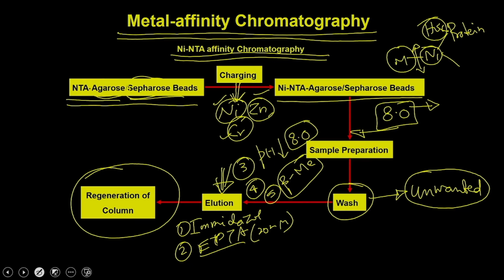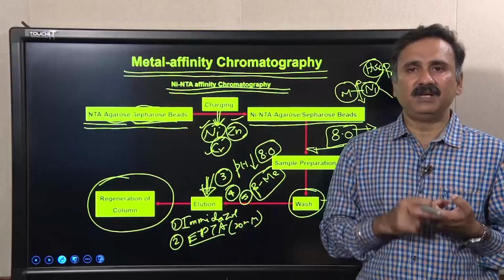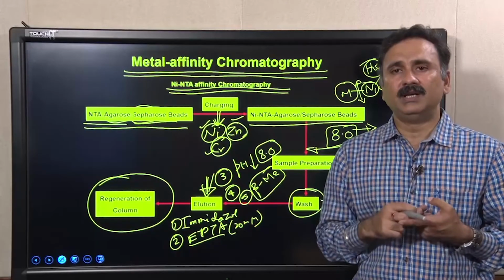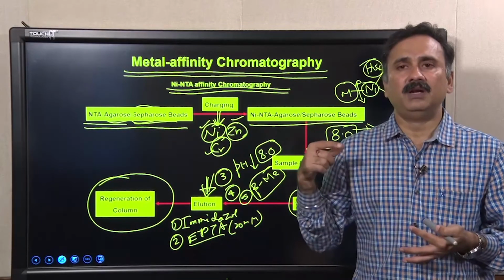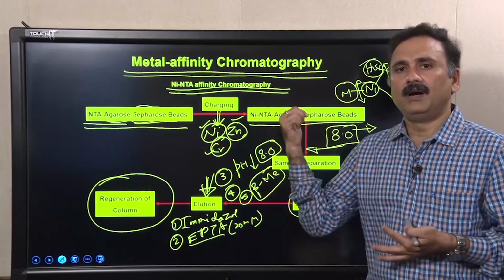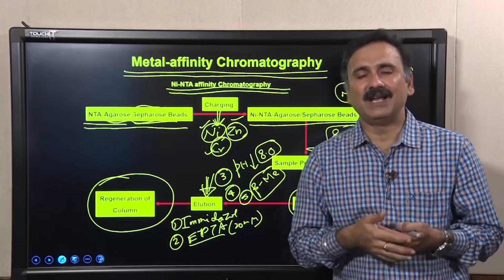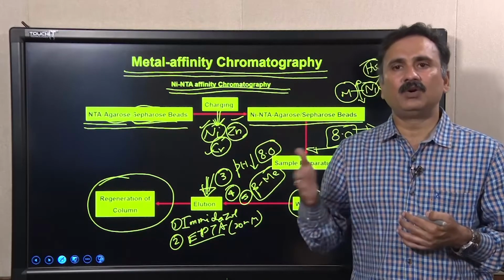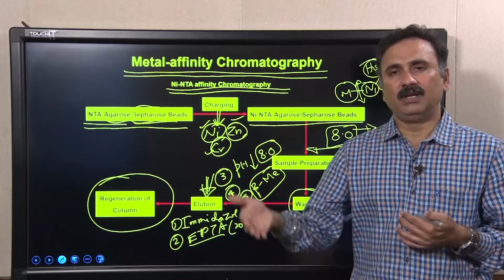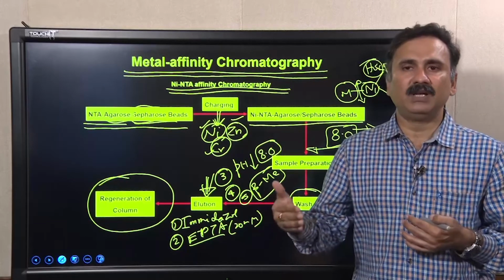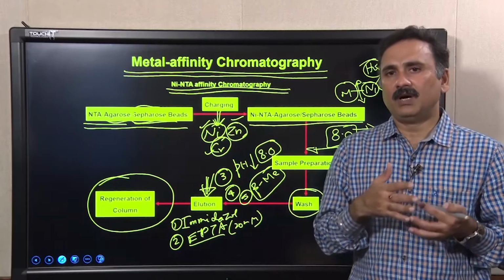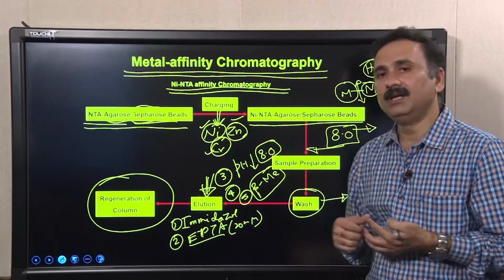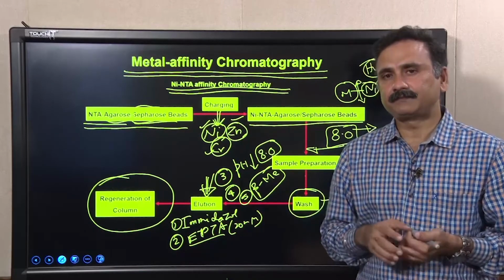The only thing you have to remember is that beta mercaptoethanol or DTT are very harsh treatments. So, it may sometimes destroy the NTA beads, and as a result it may permanently cause damage to the column. So, in those cases you might have to regenerate the column very quickly, or you have to avoid utilizing beta mercaptoethanol.